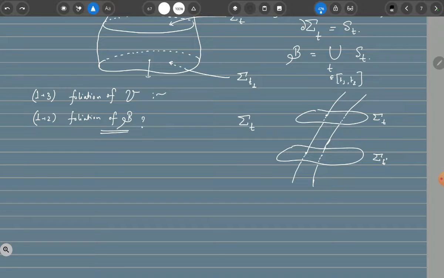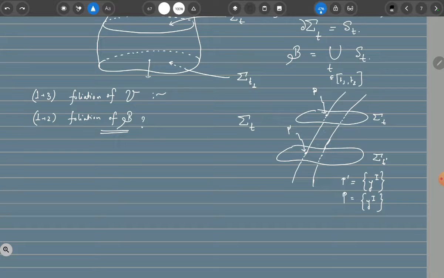That is, this point P, let me make it capital P, and this point P prime have the same spatial values on the hypersurface sigma T. For example, if this point P prime has the spatial coordinates y i, then P also has the spatial coordinates y i.